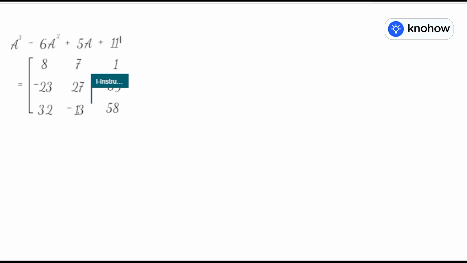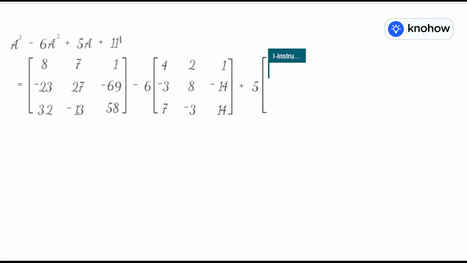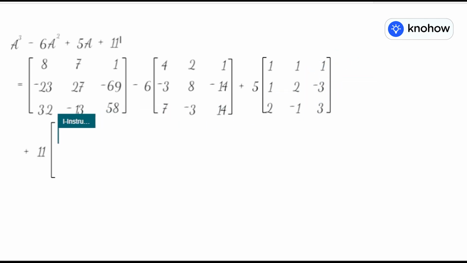And then minus 6 times A. What is the value of A? [4, 2, 1; -3, 8, -14; 7, -3, 14]. And then 5 times A, the given matrix [1, 1, 1; 1, 2, -3; 2, -1, 3]. And plus 11 times the identity matrix, which is [1, 0, 0; 0, 1, 0; 0, 0, 1].